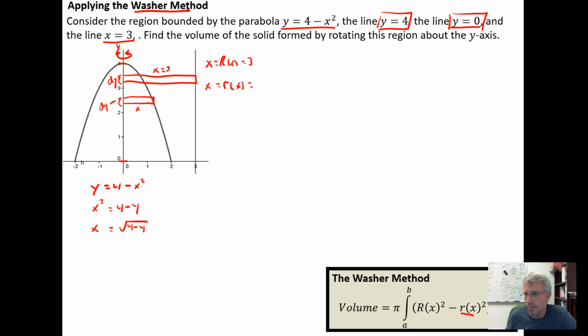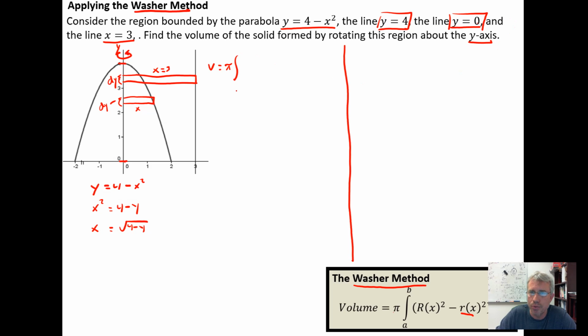So if I'm setting up my washer method formula to calculate my volume, let's look at this two different ways, maybe. So I'll separate this so I can look at it from two viewpoints. Viewpoint 1 would be to calculate my volume by taking pi times the integral. We're running from 0 to 4 on the y-axis because of the y-axis revolution.